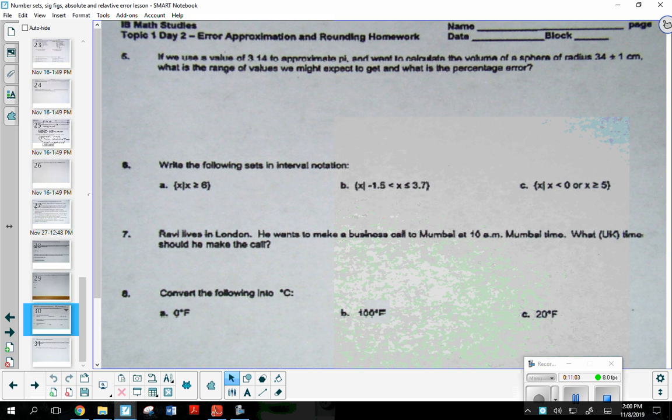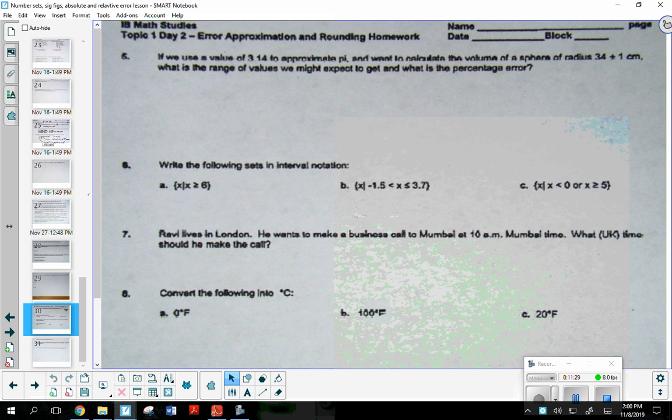Okay, so what I did, remember when we add plus or minus 1, that's the absolute error. So what I'm going to do is apply that to the length of the radius, 34 centimeters, because the first thing I want to do is get the range of values. But do we remember how to find the volume of a sphere? What's that, Jen? Oh, now that's for a 2-dimensional circle. Okay, you're right.